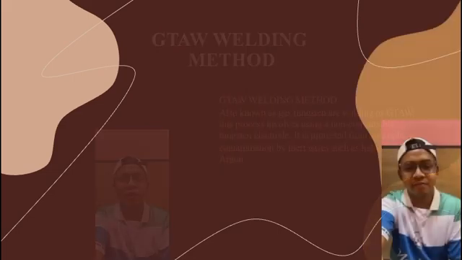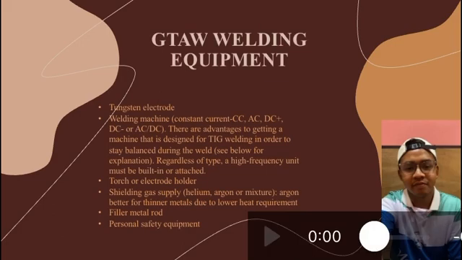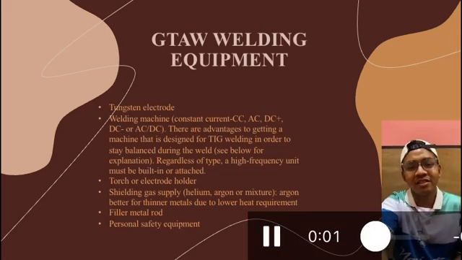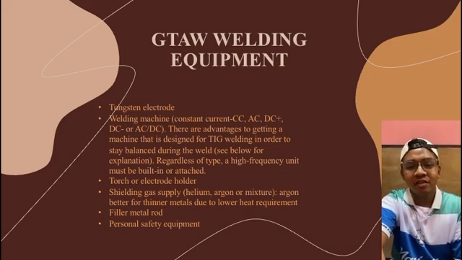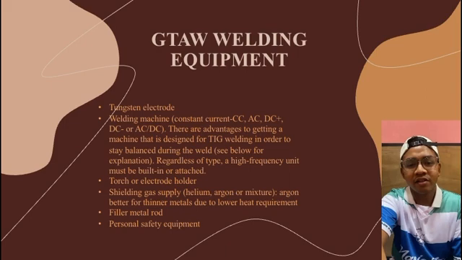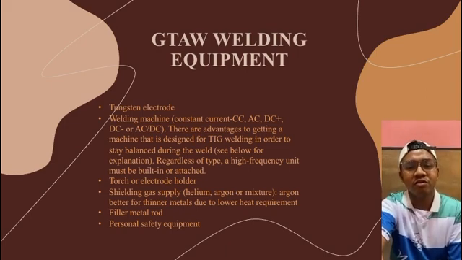This is the basic TIG equipment. The components included are six. First, the tungsten electrode. Second, the welding machine. There are advantages to getting a machine that is designed for TIG welding in order to stay balanced during the weld.